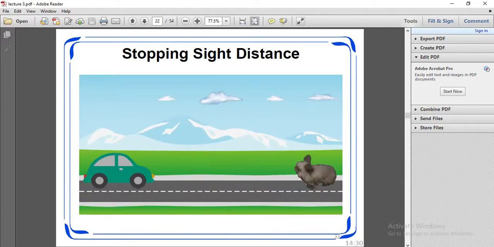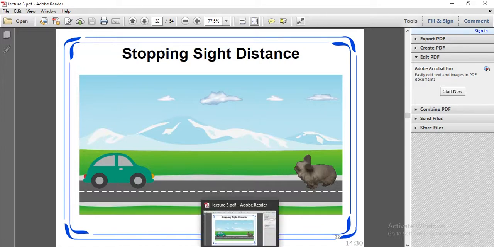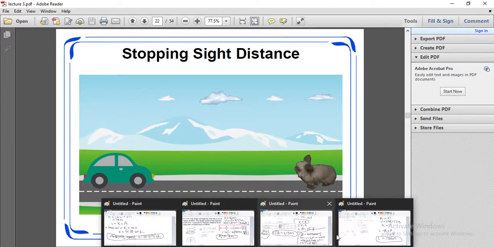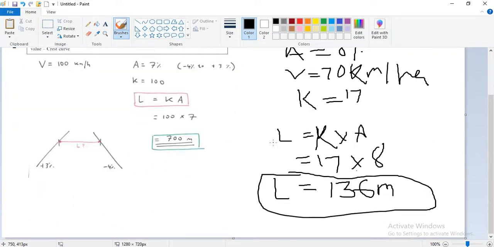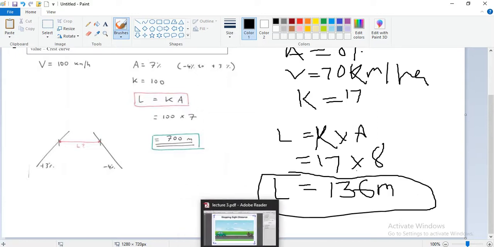Here an example is not given, but how will we calculate that? We have calculated desired, but how will we calculate absolute minimum length?